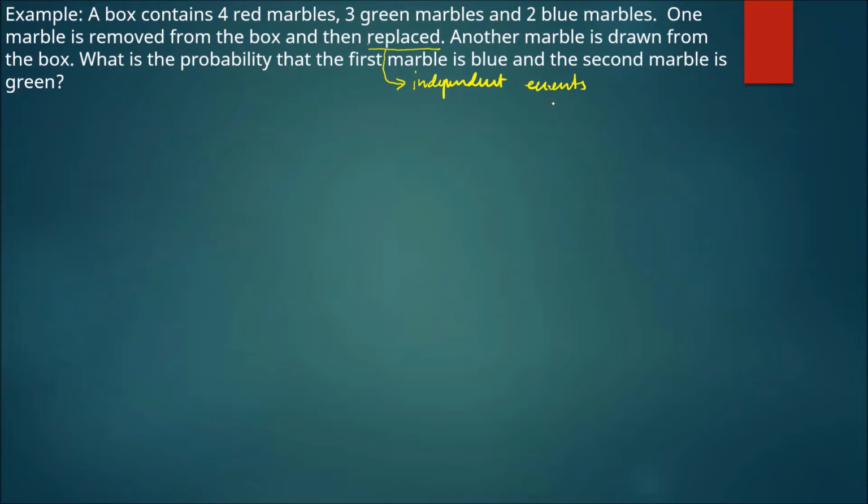Okay, now let's continue with the problem. Another marble is drawn from the box. What is the probability that the first marble is blue and the second marble is green? Okay, so we are talking about how many events? Yeah, so we are talking about 2 events.